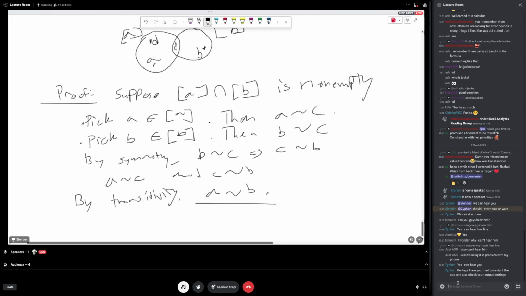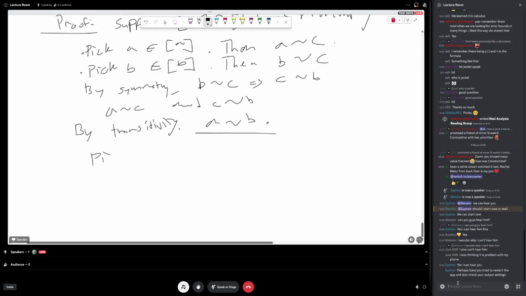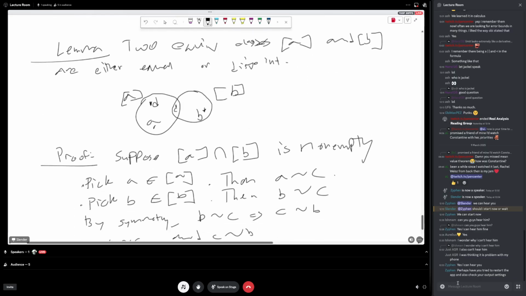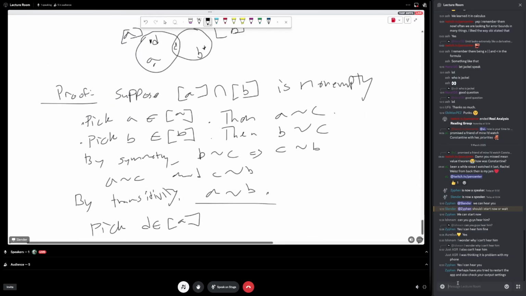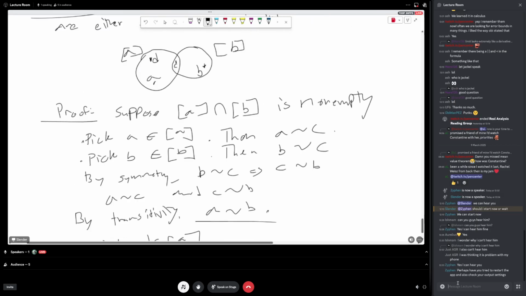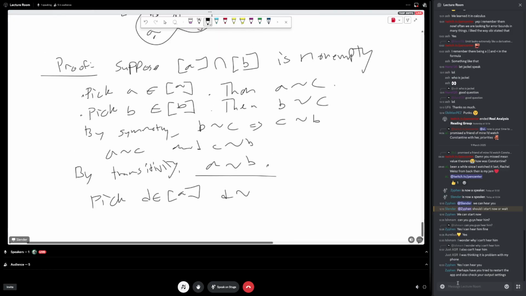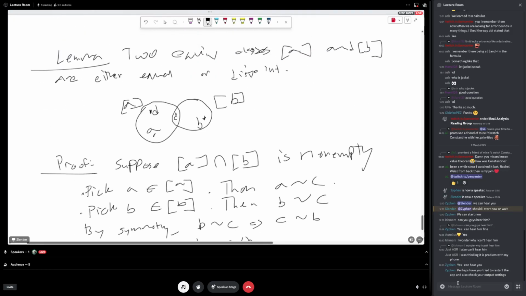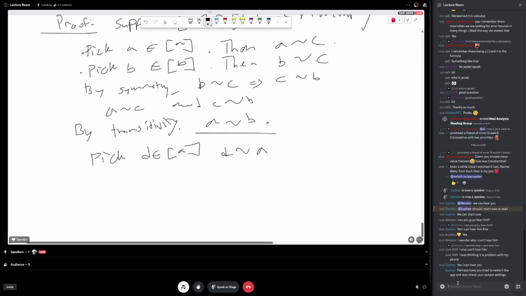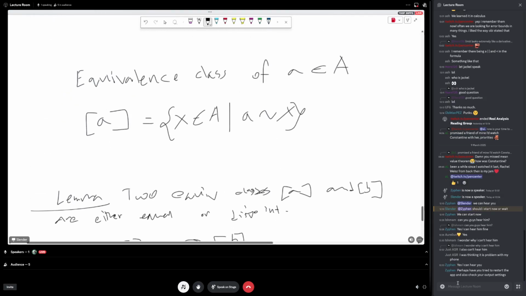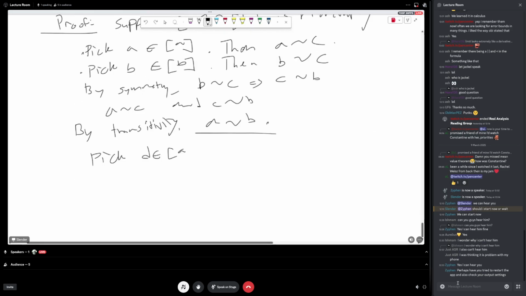So for example, we just pick D from this, and so that directly means D is in relation with A. I mean, A is in relation with D.